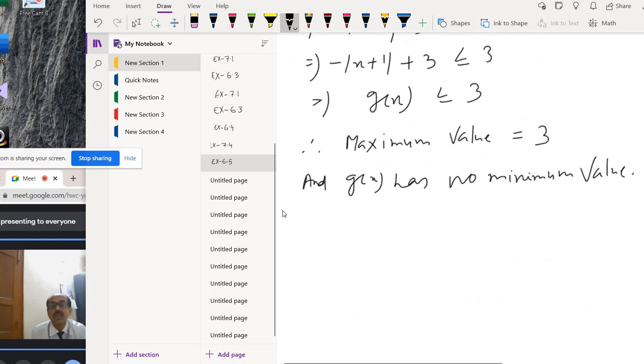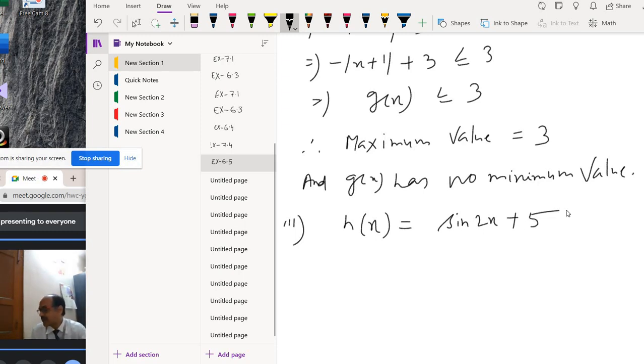Next question number 3. It is h(x) equal to sine 2x plus 5. Okay. So we know the range of sine value is between -1 and 1: -1 less than or equal to sine 2x less than or equal to 1.